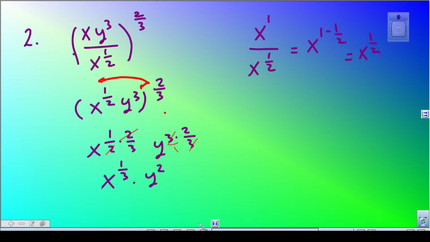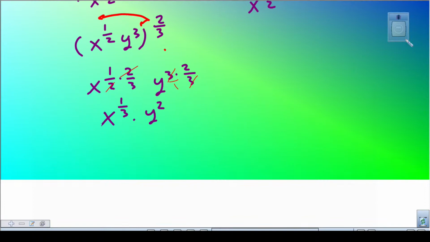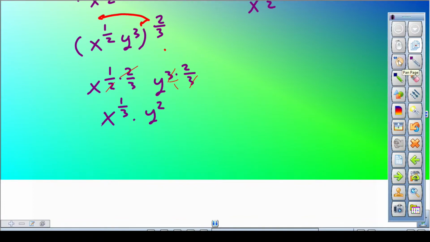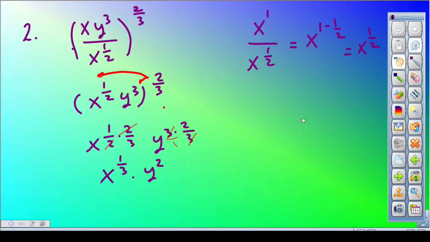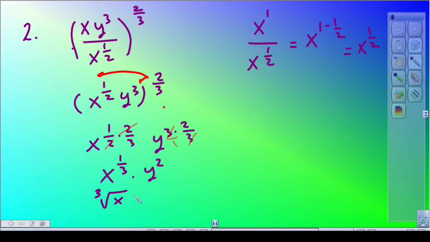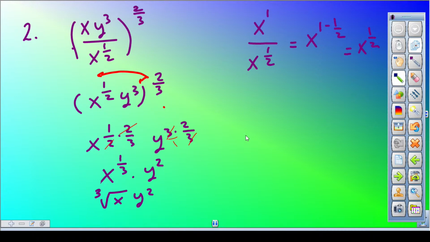The 1/3, if you do not want to leave it as a fraction, you could put that as a cubic root, because 1/3 is a cubic root. So if you want to be a little bit fancy, you could put the cubic root of x and then y squared. And that should be your answer for this problem.